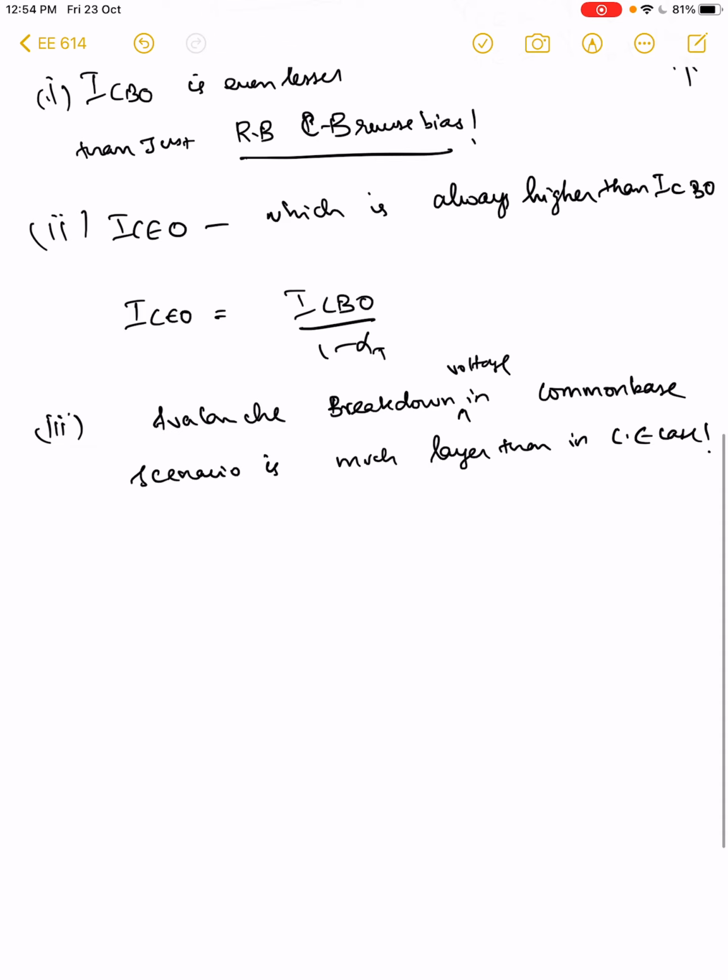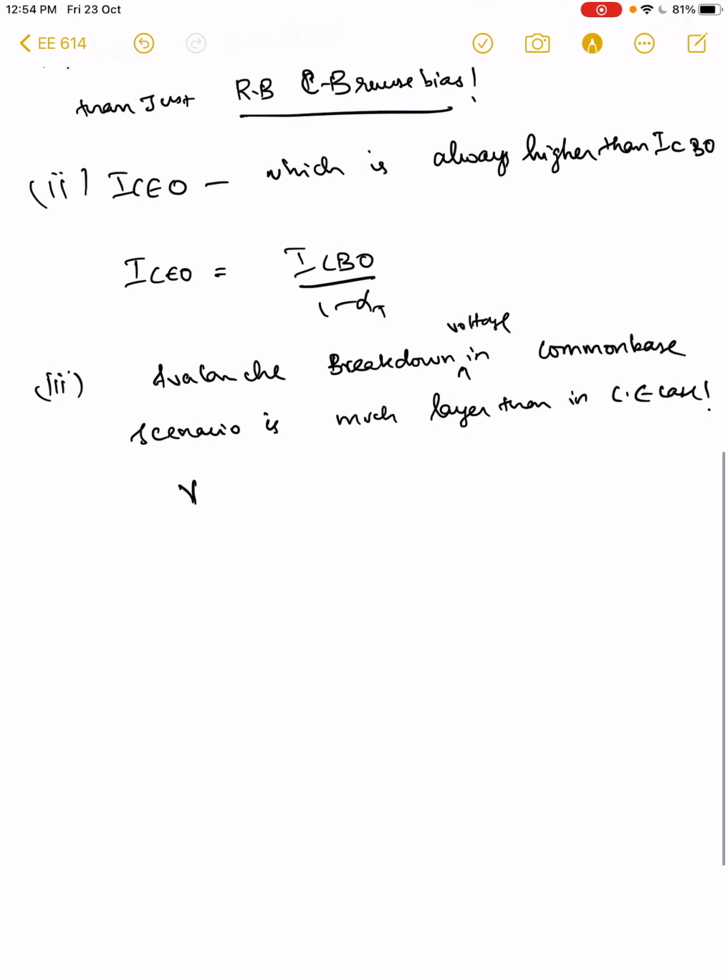So the typical relationship between BVCEO, the common emitter breakdown potential, is BVCBO times beta to the power 1 by n, where beta is the gain and BVCBO is the avalanche breakdown point in the common base situation. So this value is always much larger than the breakdown potential in the common emitter scenario.